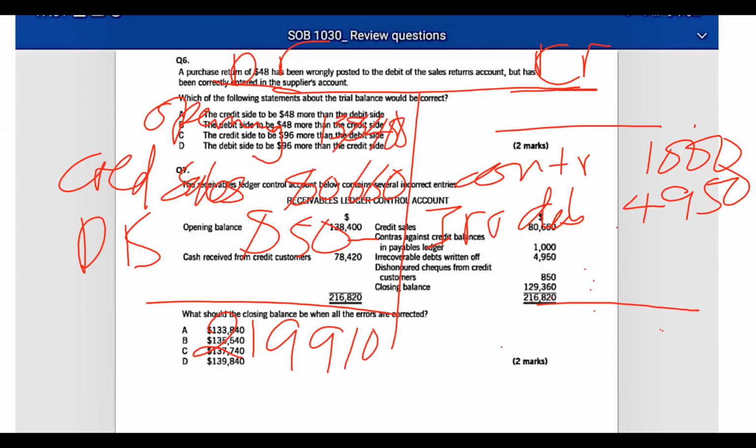Then we record 219,910. And what is the closing balance? We subtract from 216,820.